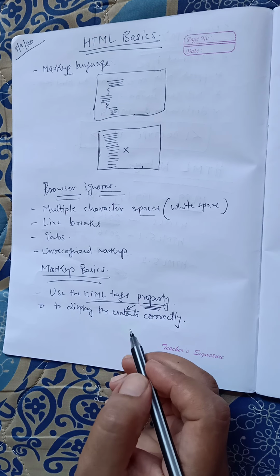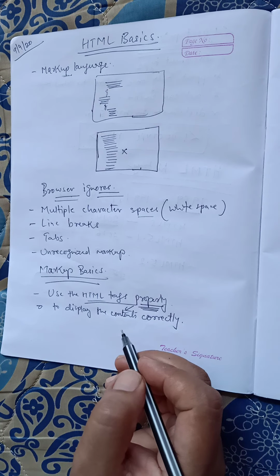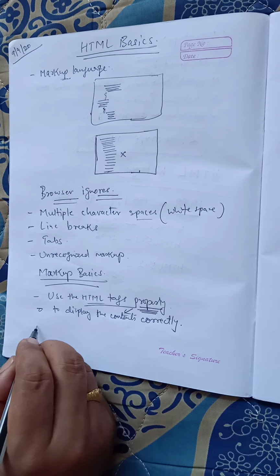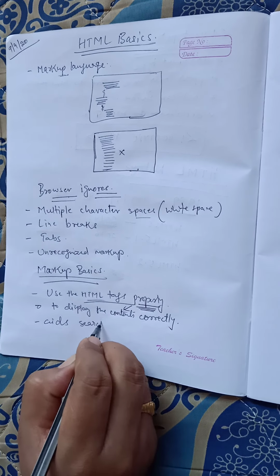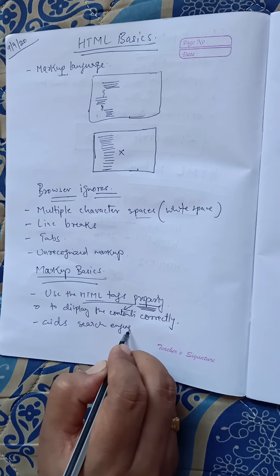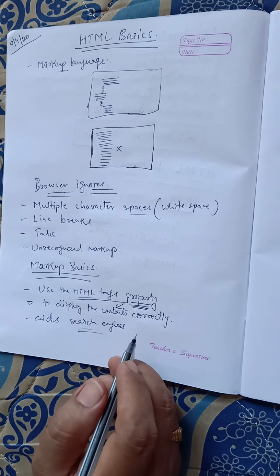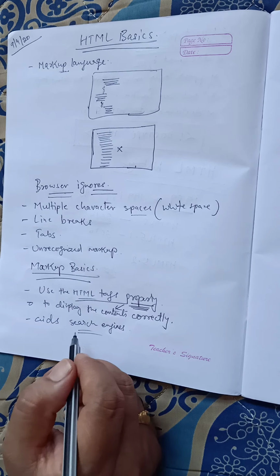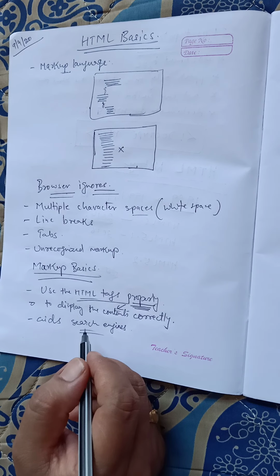We'll be discussing scripts and style rules, that is our CSS and JavaScript. Also, markup aids the search engines. How this happens, we'll also be discussing. So due to markup languages, it helps your search engine in searching anything.